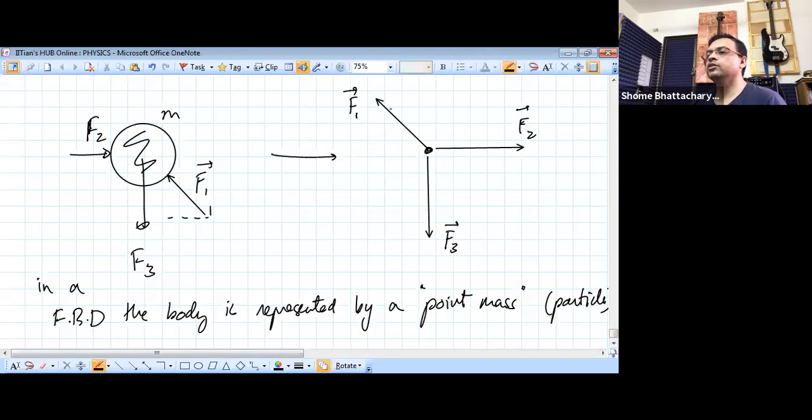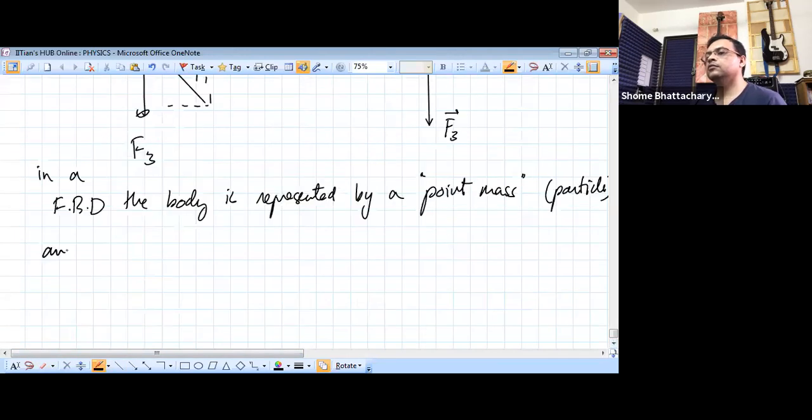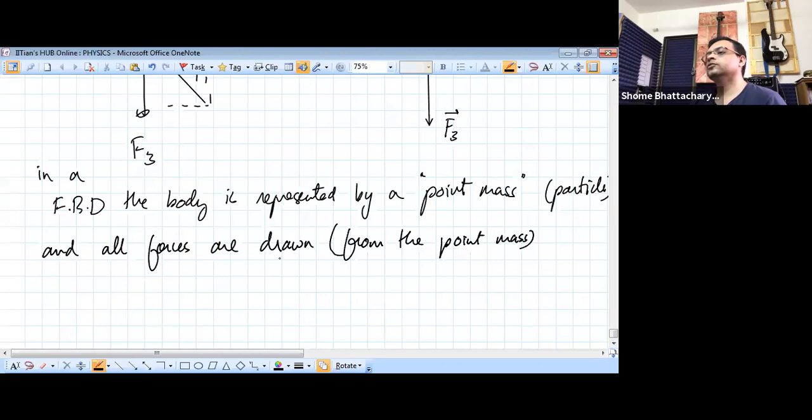First of all, the body is represented by a point mass, and all forces are drawn from the point mass. They are drawn as vector arrows.